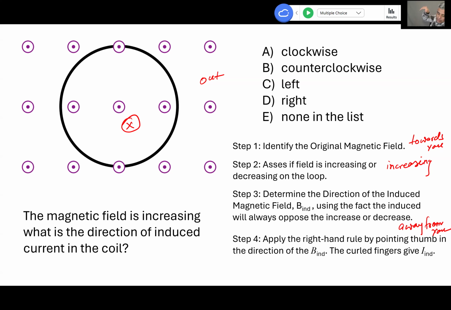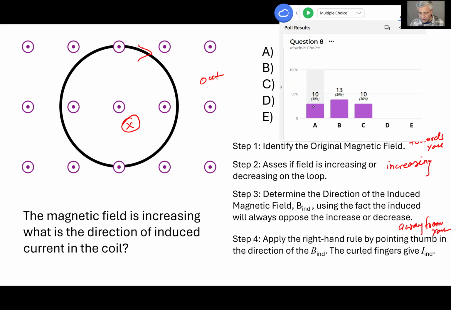Okay. So based on this, what I'm seeing is the current has to go clockwise. When my thumb is going into the screen, these fingers are going clockwise. Okay. So that's why A is the correct answer in this case.